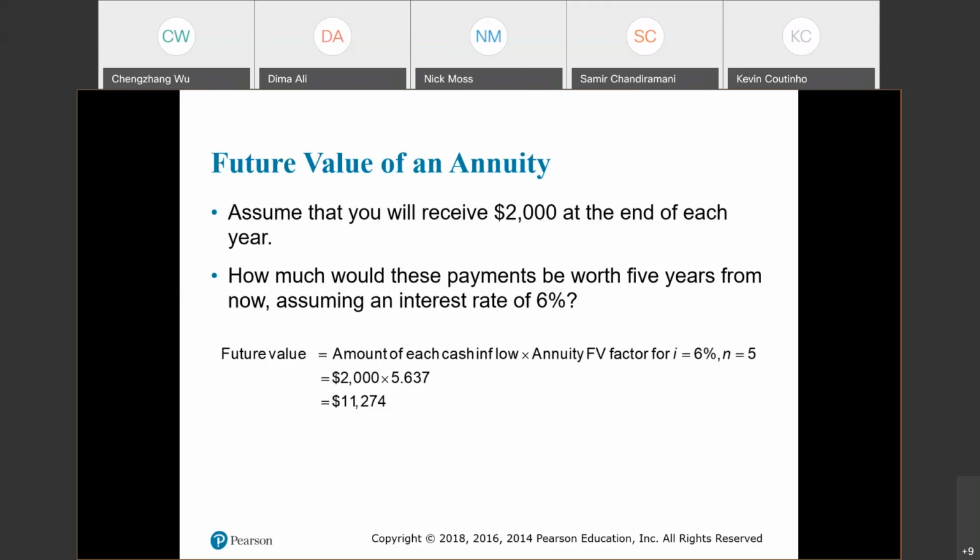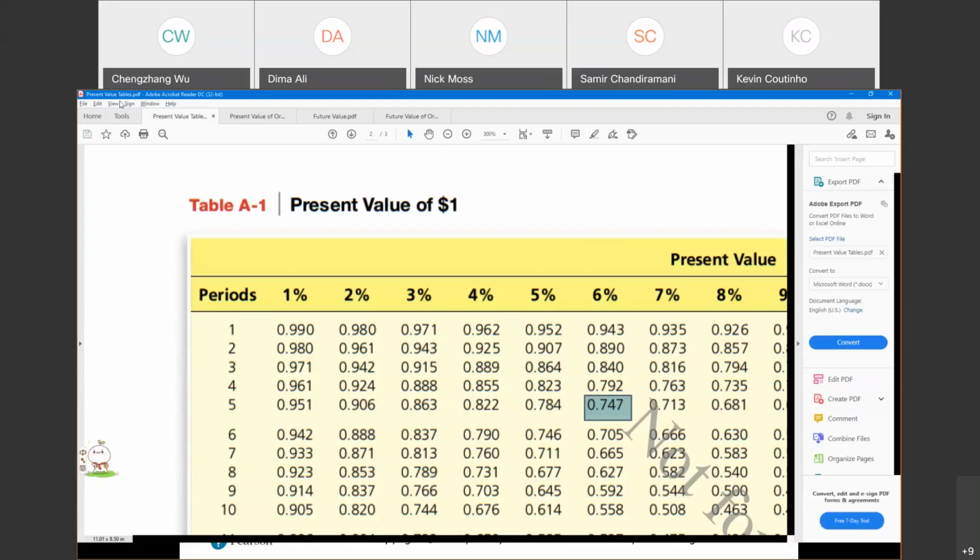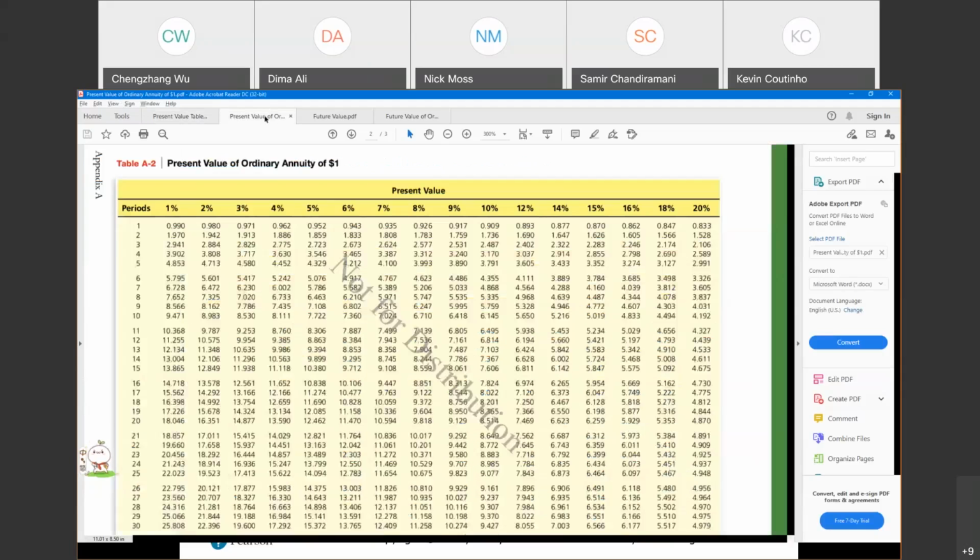We determine the annuity present value factor from the second table, present value of ordinary annuity of $1. This table.